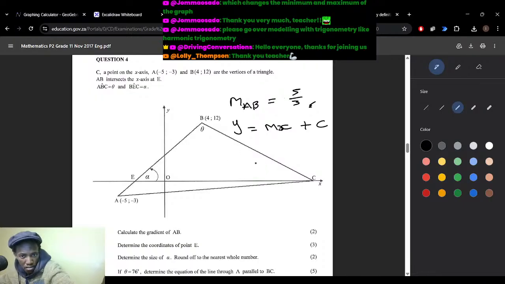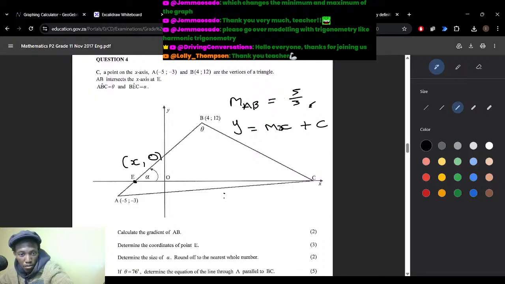We're going to substitute. So now I'm trying to calculate the coordinates of E. So we know that the point OE is this, right? y is 0. We do not know what the value of x is. So let's substitute our values.